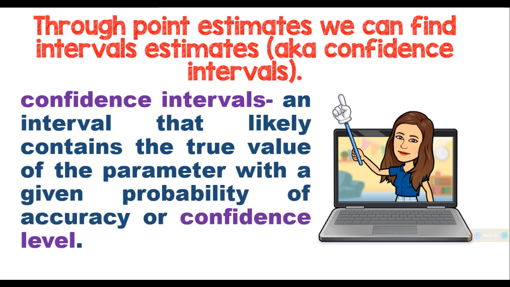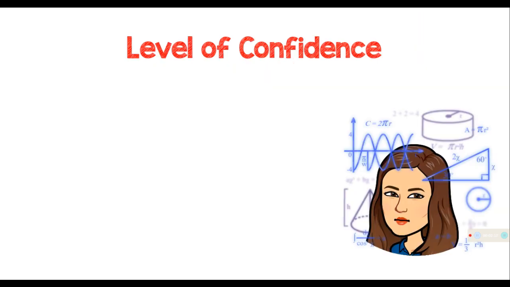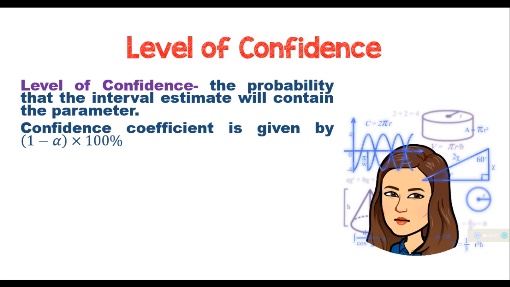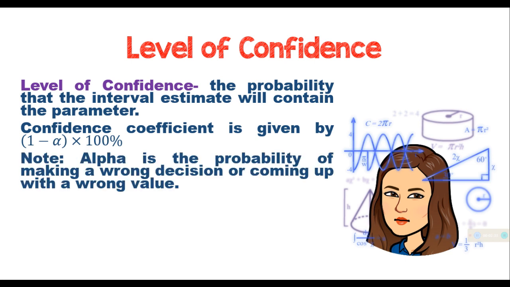What do we mean by confidence intervals? It is an interval that likely contains the true value of the parameter with a given probability of accuracy or confidence level. Now let's talk about level of confidence. It is the probability that the interval estimate will contain the parameter. The confidence coefficient is given by 1 minus alpha times 100%.